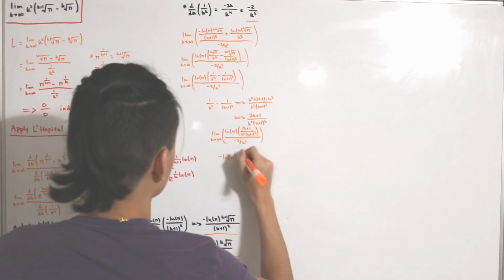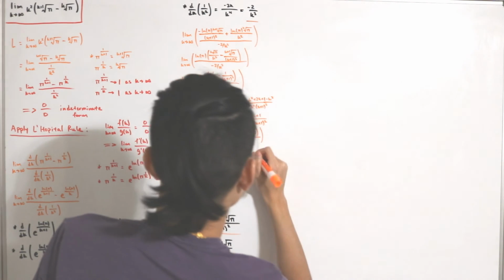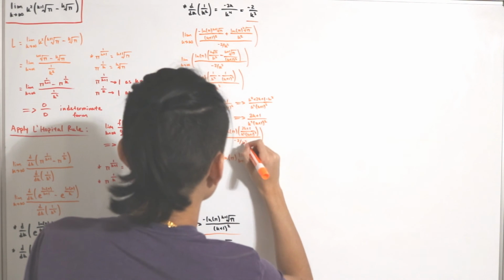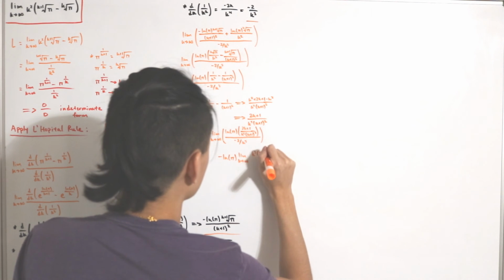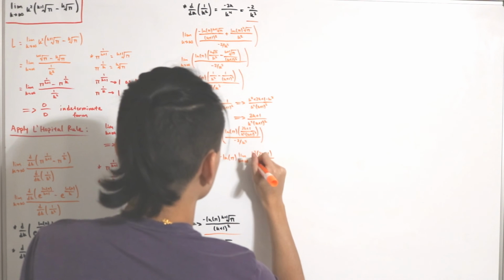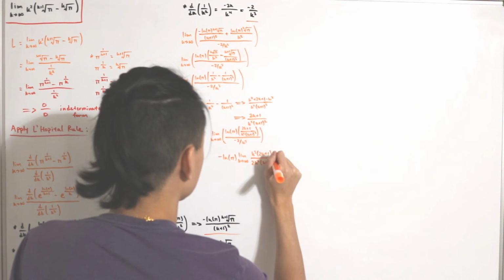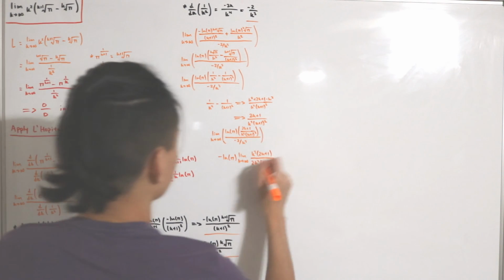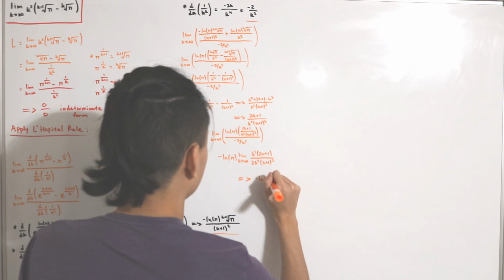So this is the limit as k approaches infinity of, so let's see, k cubed goes with the numerator, so k cubed multiplied by 2k plus 1. Then I divide this by 2k squared multiplied by k plus 1 squared. And I'll just cancel some terms out from here, so negative ln of pi.